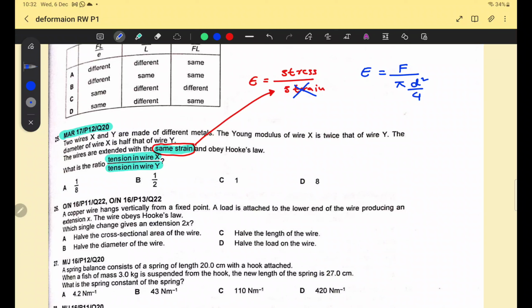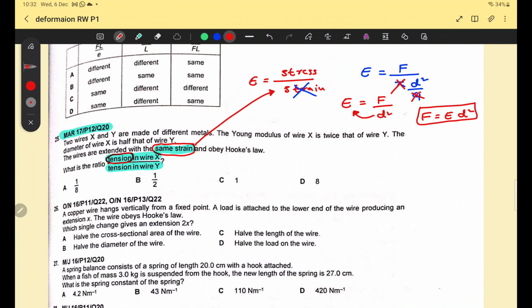In this equation, pi and 4 again get cut by same co-kato. So the equation becomes Young modulus equals F upon d square. And you know that tension is a force, so we have to calculate force. So force is equal to E d square.